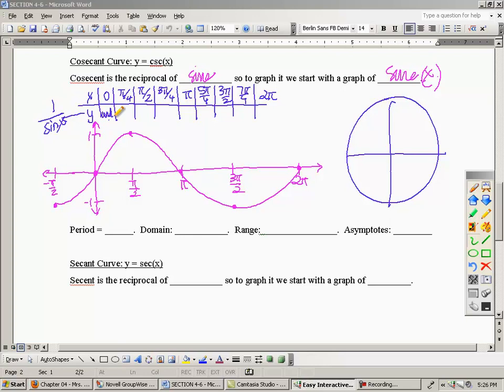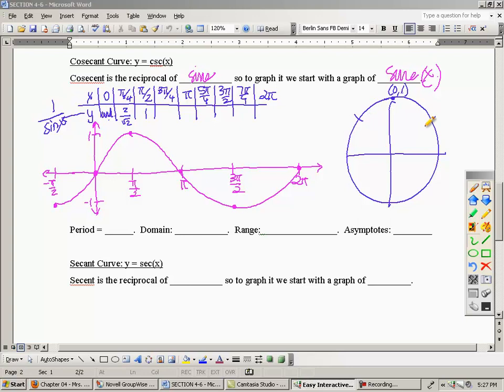At pi over 4, and I'm going to write this in not quite the right way, but the sine value is the square root of 2 over 2, so if I do the reciprocal, it's 2 over the square root of 2. And we never leave that, only for table purposes am I doing that. At pi over 2, that's right here, this is the point 0, 1, so sine is 1. So 1 divided by 1 then is 1.